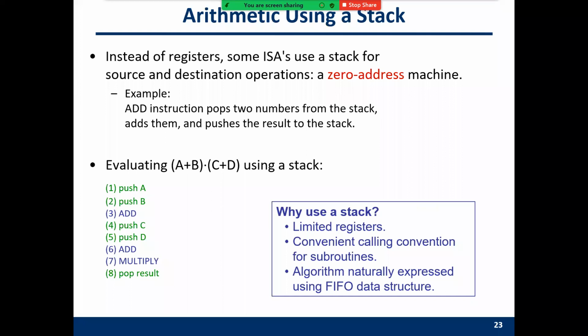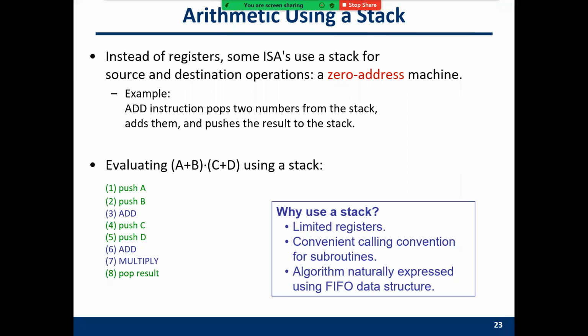For example, an addition instruction pops two numbers from the stack, adds them, and pushes the result back. So here is an example of how to compute this equation.